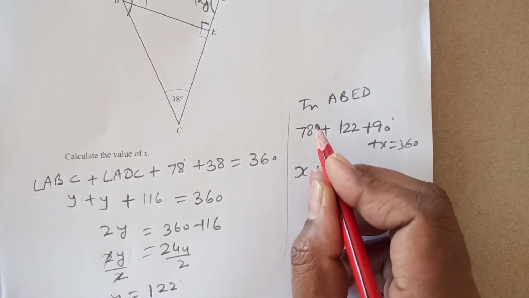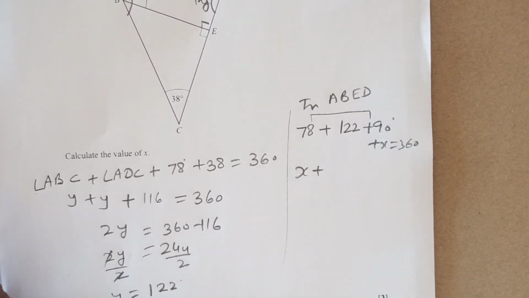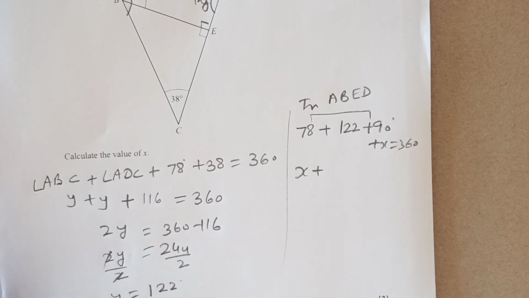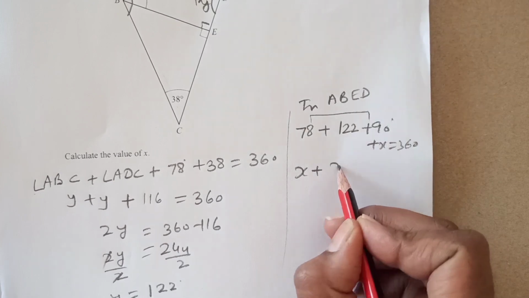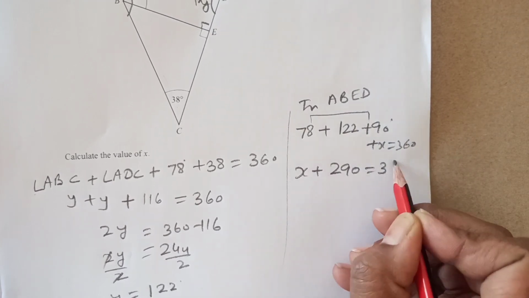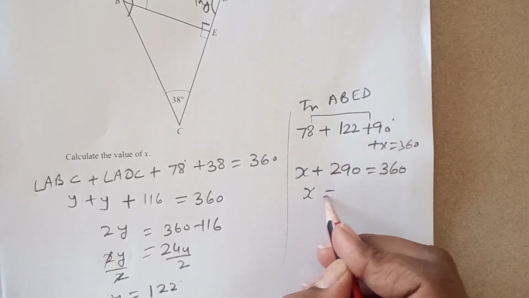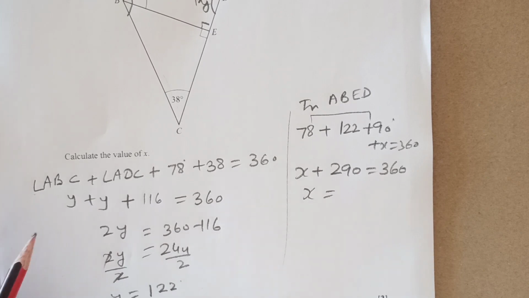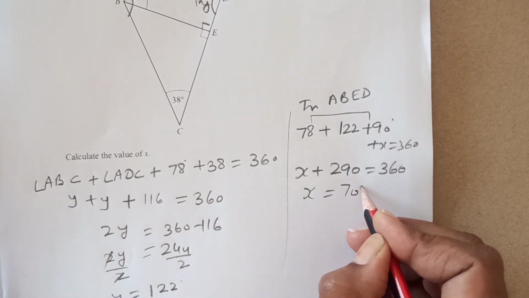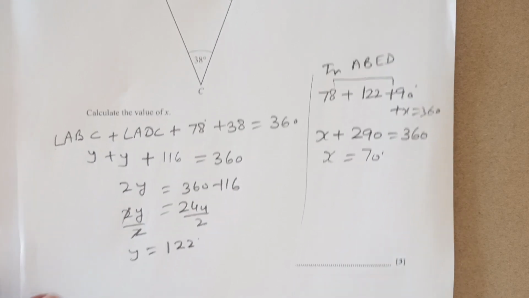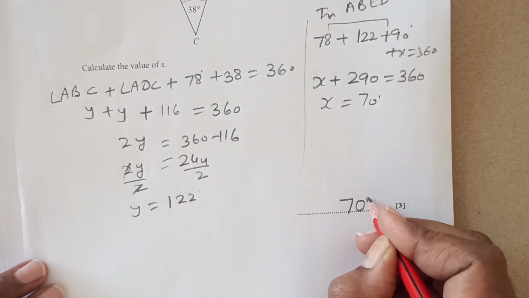So let's add them together. This is 78 plus 122 plus 90, which is 290, so x plus 290 equals 360. So x is 70 degrees. So we got the value of x as 70 degrees, right?